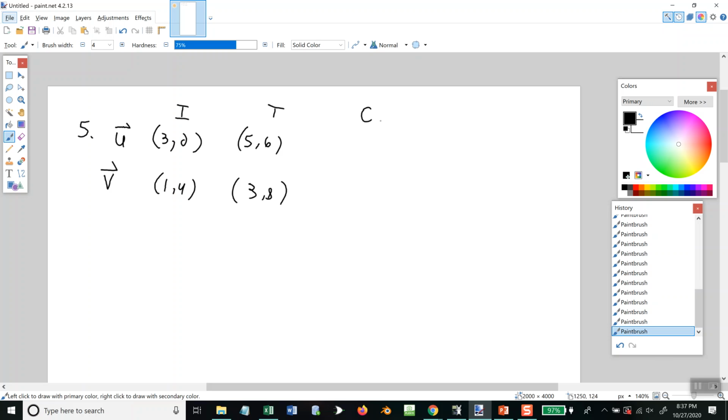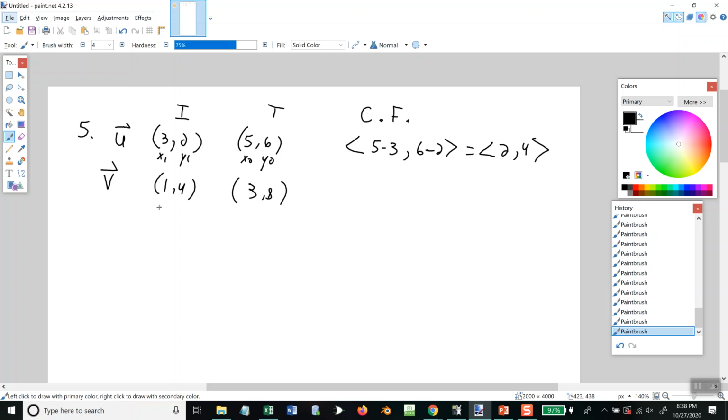So our component form, we're going to subtract our x's. Again, this is x1, y1, x2, y2. So we're going to have 5 minus 3, and we'll have 6 minus 2. 5 minus 3 is 2, 6 minus 2 is 4.